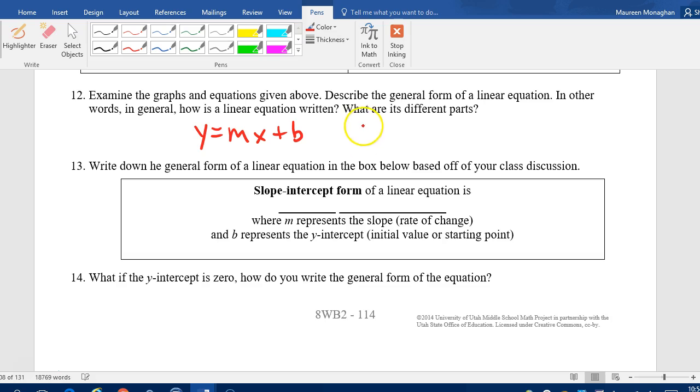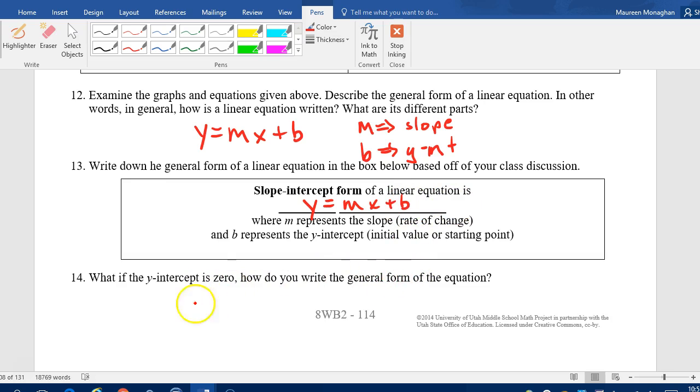What are the different parts? M is the slope. B is the y-intercept. And that's what it says right down here. So at the bottom, what they're asking for, slope-intercept form, is y equals mx plus b. You're going to hear this throughout your math career.